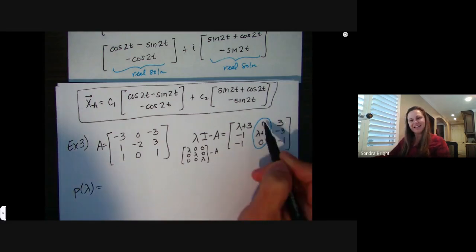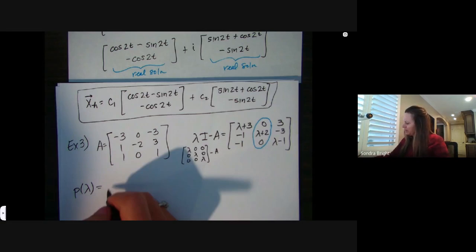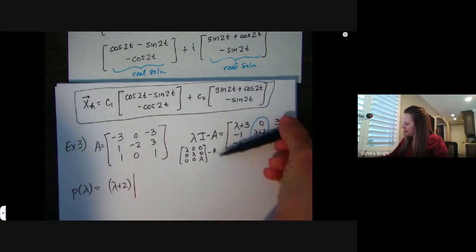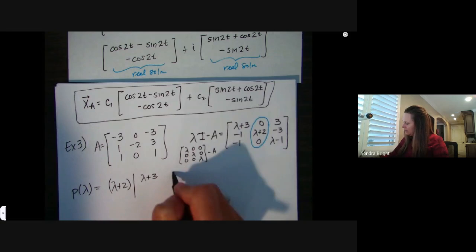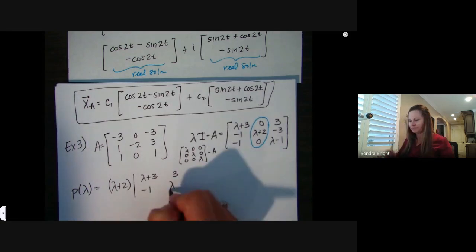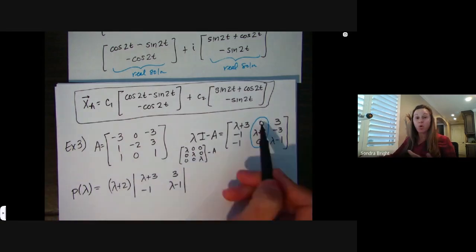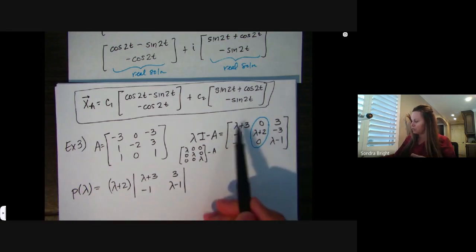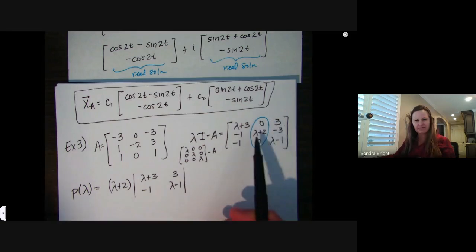So it's really like -0 plus lambda plus 2 times the determinant of, if you're crossing out this and this guy and the middle guy, you would have lambda plus 3 and 3 and -1 and lambda minus 1. If you've got 2 zeros in a row or a column, it's definitely easier. And remember the signs in front alternate: positive, negative, positive.